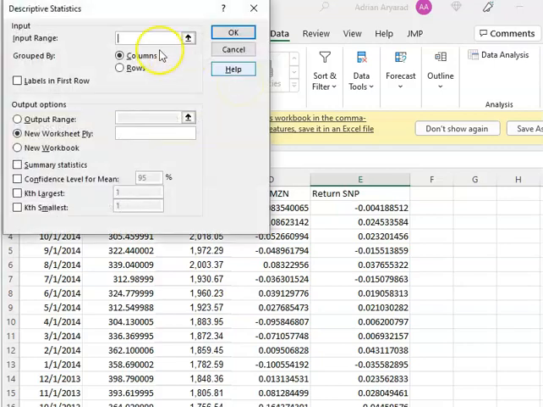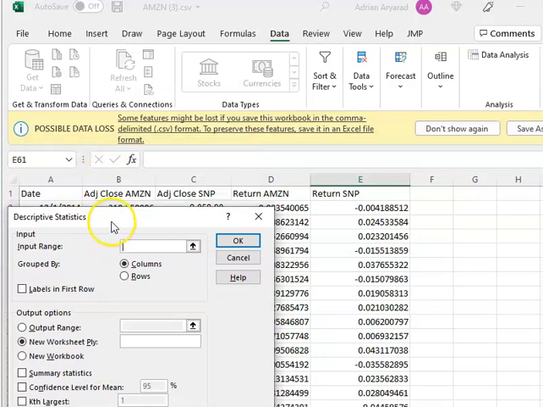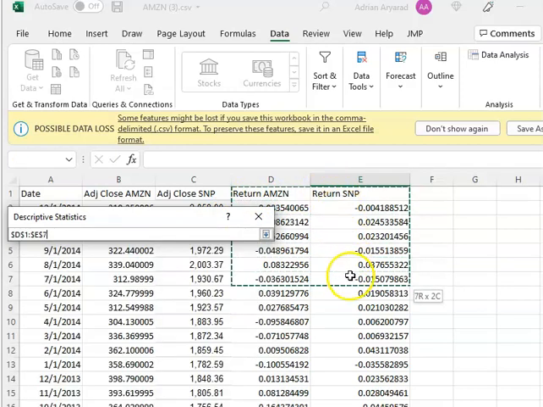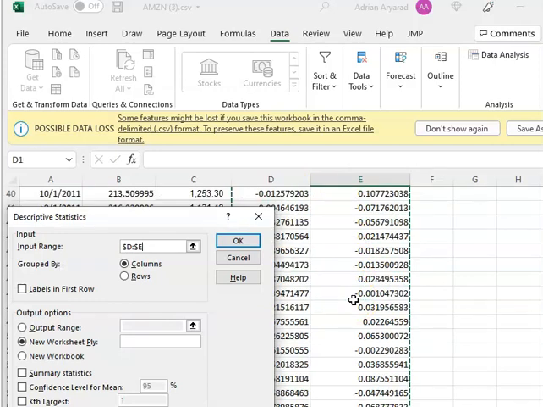Click OK, and let's select both of these. You can select as many columns as you want. I want to select these two columns, and Control Shift down will go down to the last value.